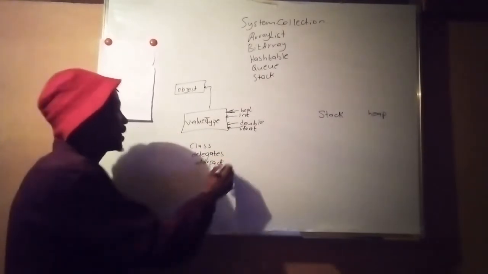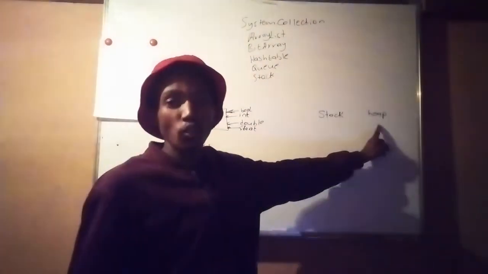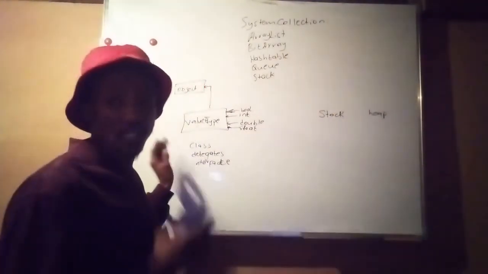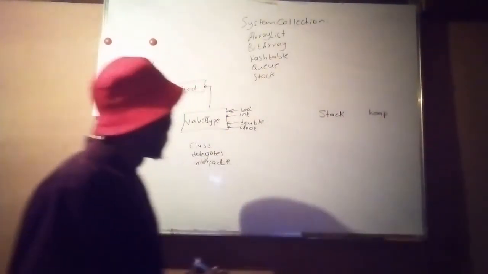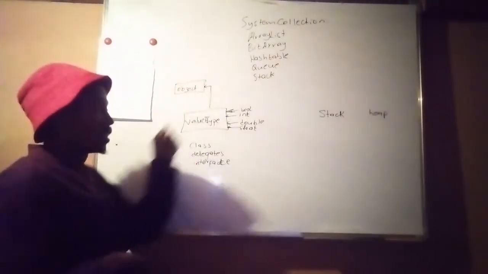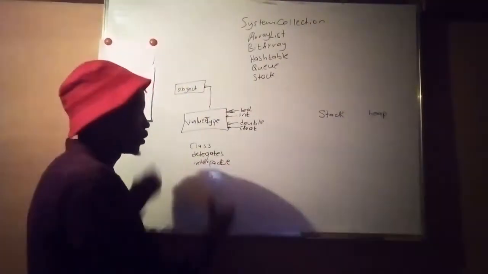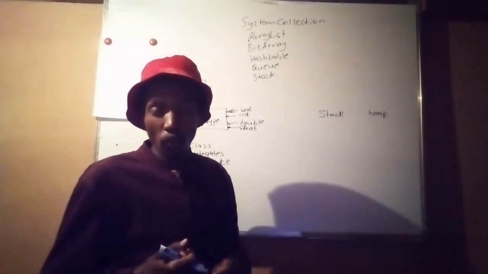So when you create an instance of a class, you must know that the memory to store the data about that object is going to be on the heap memory. When you create a delegate, the memory is going to be allocated on the heap memory. When you make an instance of an interface, memory is going to be allocated on the heap memory.